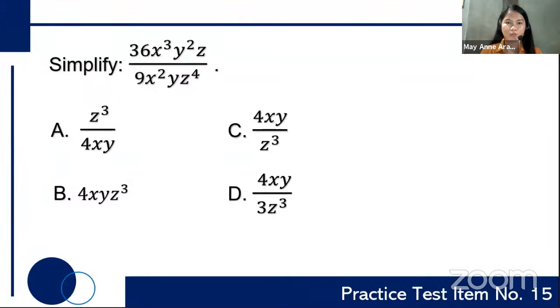We have 36x cubed y squared z over 9x squared y z raised to 4. Tingnan nyo mabuti yung given.